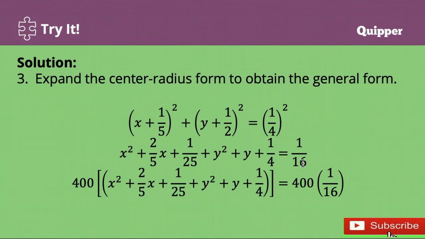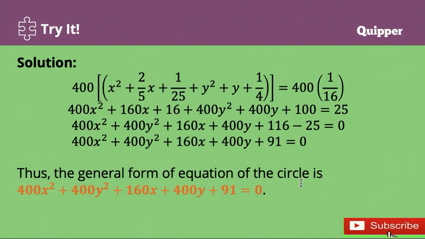Now, get the least common denominator of 5, 25, 4, and 16. The LCD is 400. Then multiply both sides by 400. 400 times this and 400 times 1/16 on the right side. 400 times x² is 400x². 400 times 2 is 800, divided by 5 is 160.